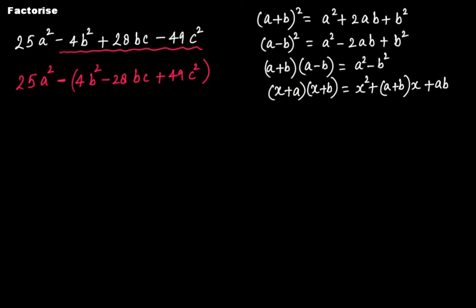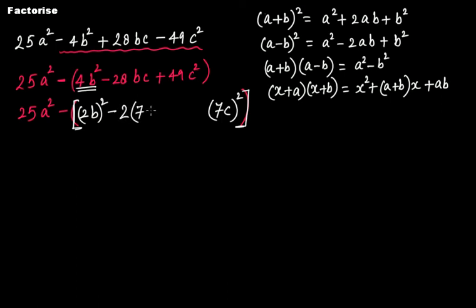Okay, now this is 25a squared minus, within the bracket, this is 4b squared, so (2b) whole squared, and this is 49c squared, so (7c) whole squared, minus 2 multiplied by 2b multiplied by 7c. 2 times 2 is 4, times 7 is 28, and bc.